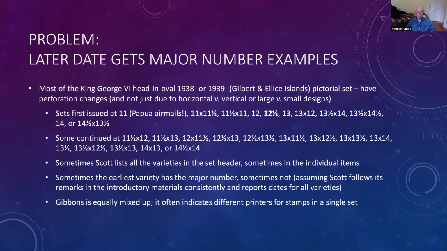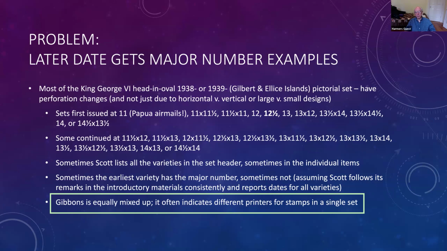So you can't rely on the major numbers as being the earliest set. And Gibbons is pretty much the same way. This is the one reference I have for Gibbons in this presentation. So if you're interested, as I am, in getting the 1940 sets, sets no later than 1940, you have to be very careful about what to use.